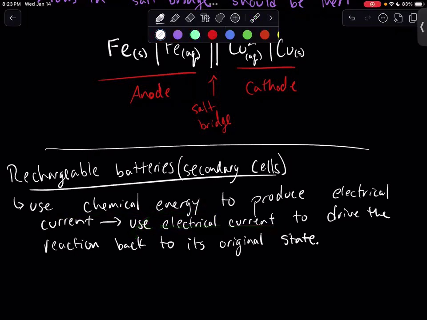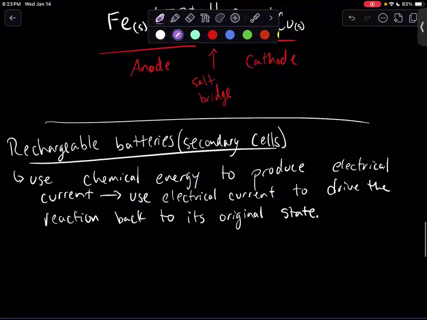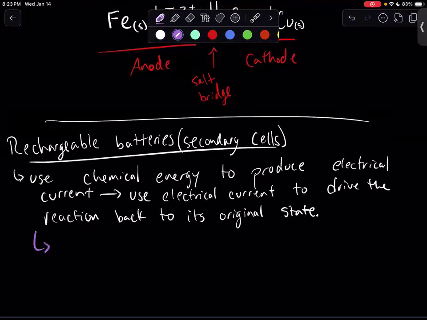Now, this still is a very careful process. You'll notice that almost all rechargeable batteries come with special chargers, and that is because you can kind of blow out your rechargeable battery. So it must be a controlled current to reverse the reaction.